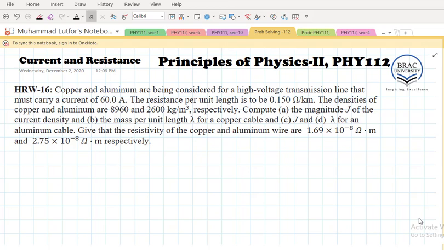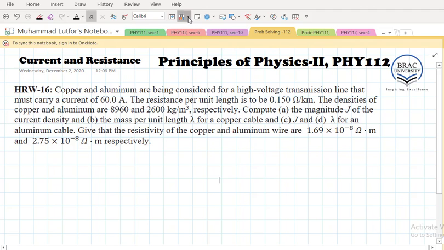They also provide us the resistivity of this copper and aluminum wire, which are 1.69 into 10 to the minus 8 ohm meter for copper wire and 2.75 into 10 to the minus 8 ohm meter for aluminum wire. Now we have to find out the current density and the mass per unit length of this wire. Okay, let's start.